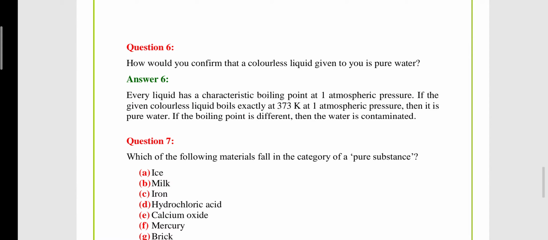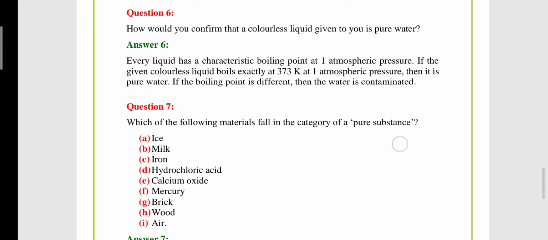If your sample liquid starts boiling at that particular temperature and 1 atmospheric pressure, then you can know that the given liquid is pure water and not contaminated. And if it doesn't start boiling at that temperature or pressure, then you can say that your sample liquid is contaminated.